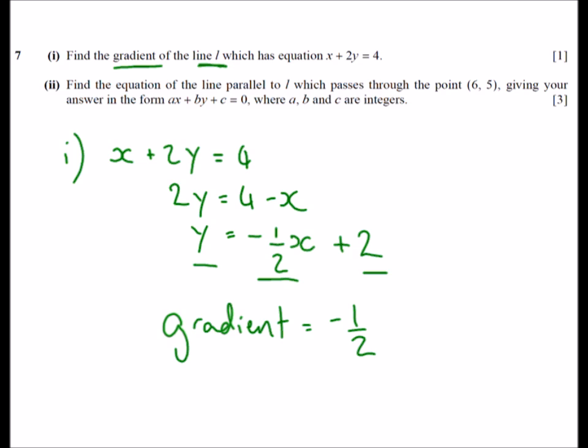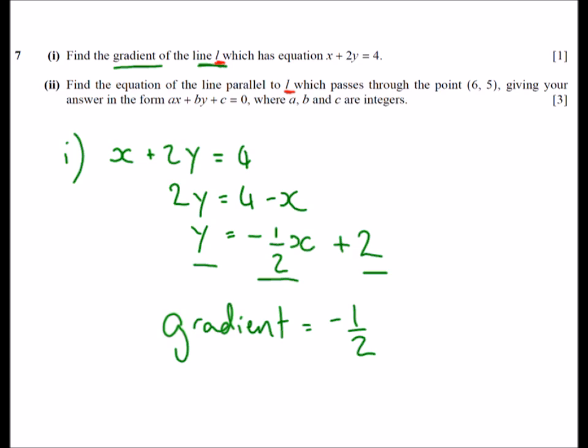The next question says find the equation of the line parallel to L. This L here takes us a little while to get used to in this style of questions in A levels, but this L here is the same as this L here. It's just following on using the same information.